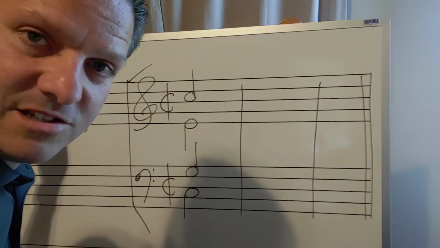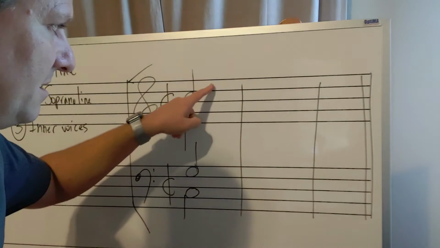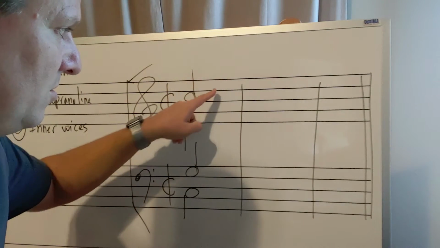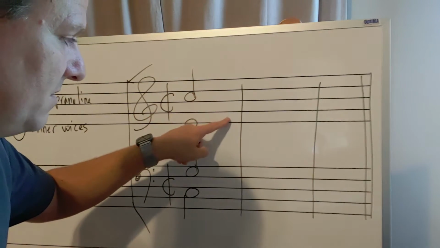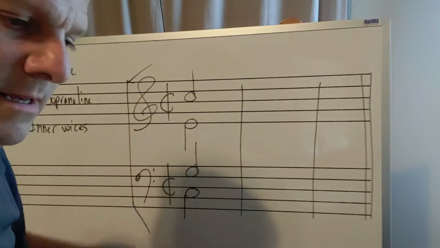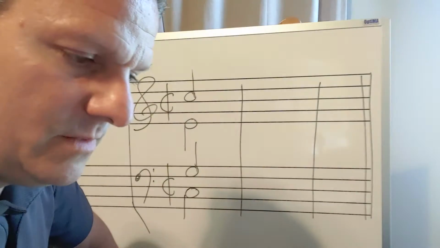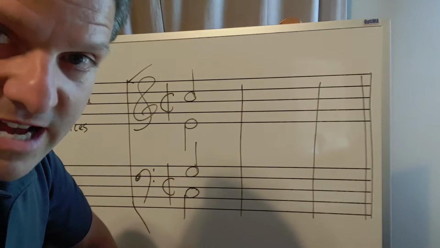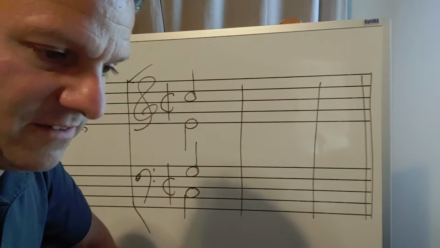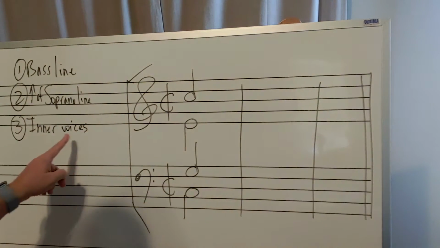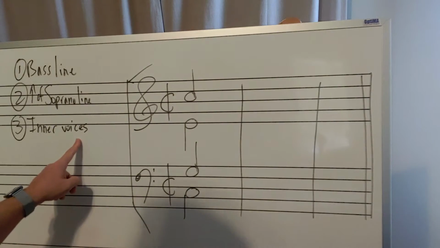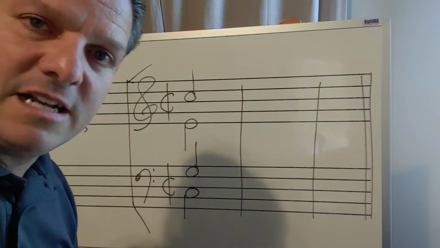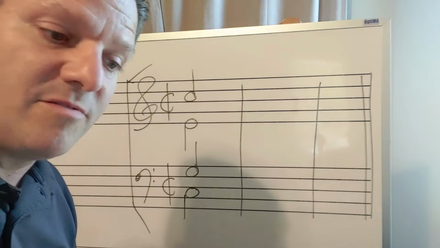Or in our case, does it go up to mi or up to so? Or does it go down to so or down to mi? Okay, or down to do? What is the melodic interval? Since the soprano will itself outline the tonic triad, it should be easy to work out. Finally, fill in the inner voices, the alto and tenor, paying particular attention to the rules of part writing.